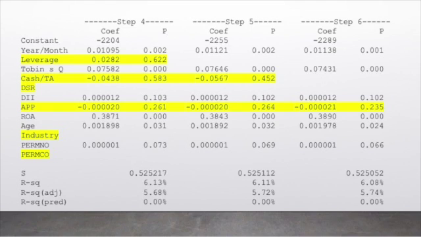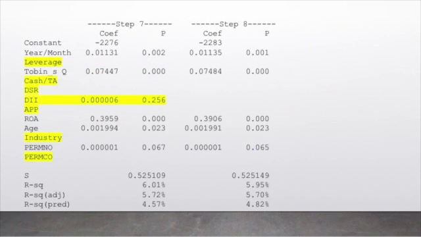Now these are extremely high, which is the main reason why the app attribute also gets kicked out, basically due to its higher than average 0.235 p-value. Okay, now for the final elimination step, we're going to eliminate the DII value because it has a 0.256 p-value, which is again the highest inside that step.